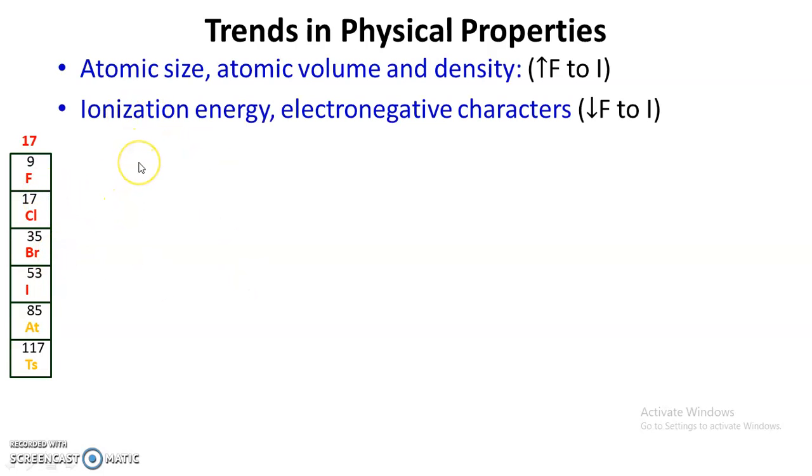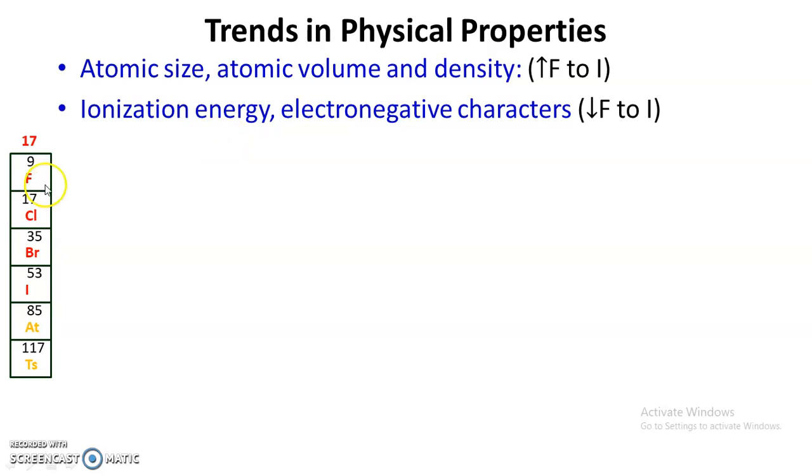Now ionization enthalpy. Ionization enthalpy is the amount of energy required to remove an electron from the outermost shell of an isolated gaseous atom, and it is related to the atomic size. Greater the atomic size, lesser is the ionization enthalpy, and therefore from top to bottom, as atomic size increases, ionization enthalpy decreases.